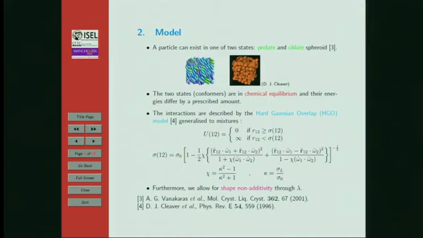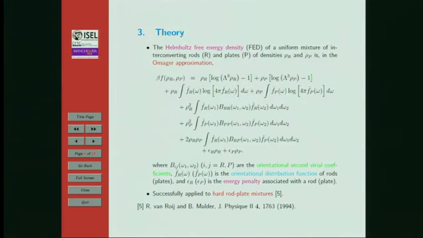Right, so what do we do with this? First, we need to generalize it to more than one component. That's been done. And then, what do you do? You write a free energy. So here it is.